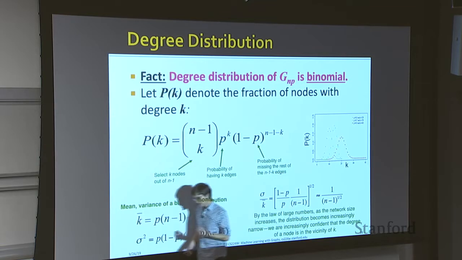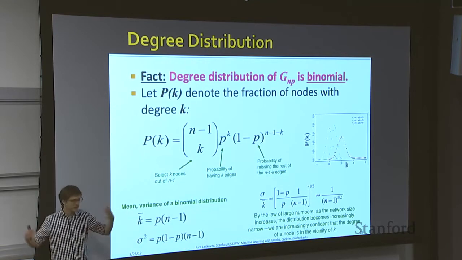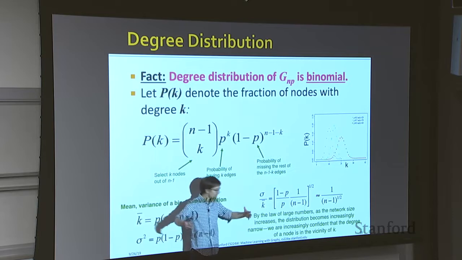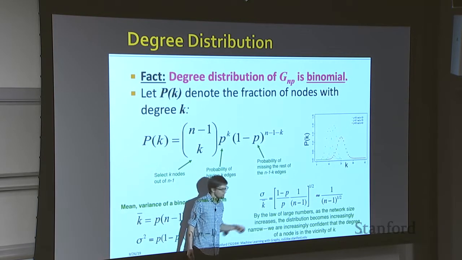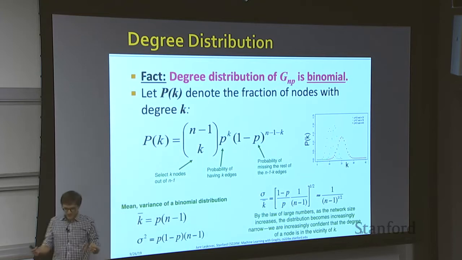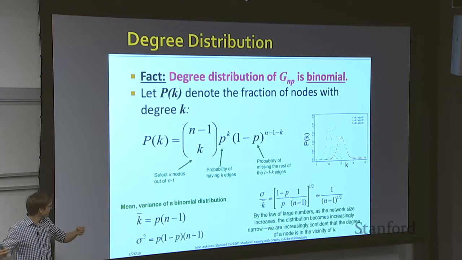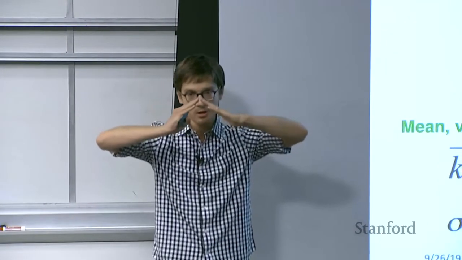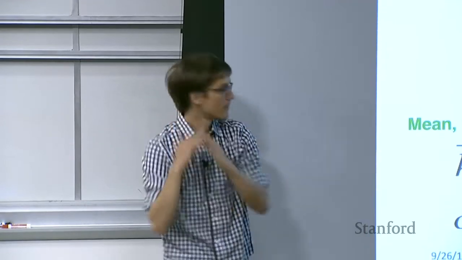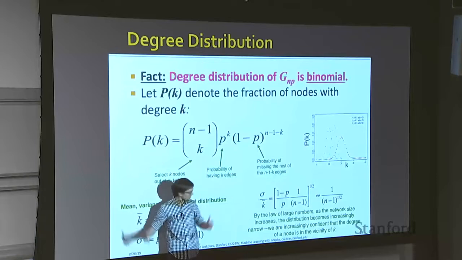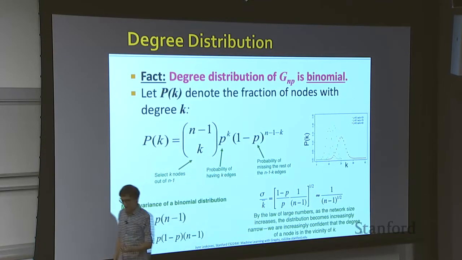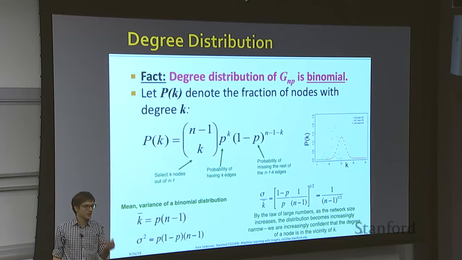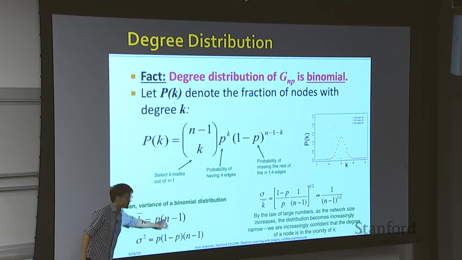So what does this mean? This means that as the size of the graph increases, this ratio will go to 0, right? So as the graph gets bigger and bigger, the distribution will narrow. Essentially, if you think of the graph size as infinite, you can think of it as all the nodes having the same degree, the average degree k bar, which is p times n minus 1.